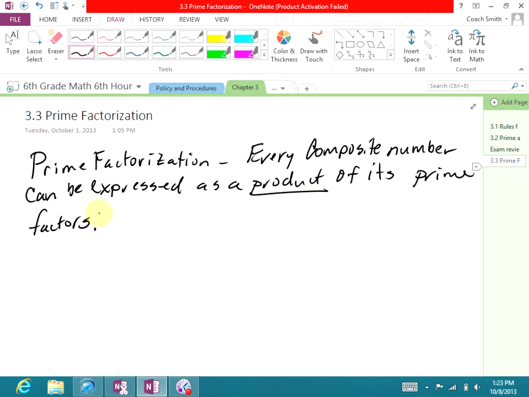That could also be called prime numbers. Can be called both things.